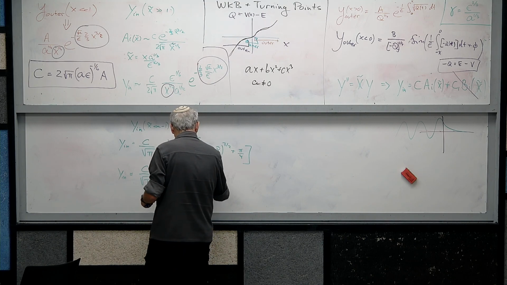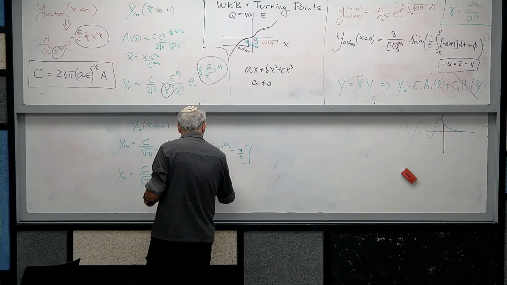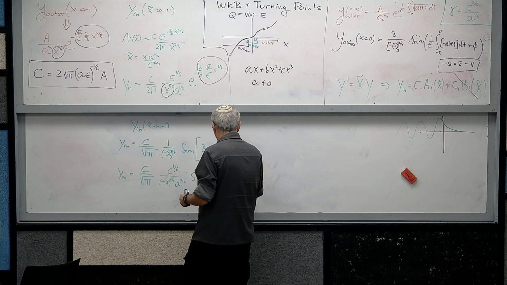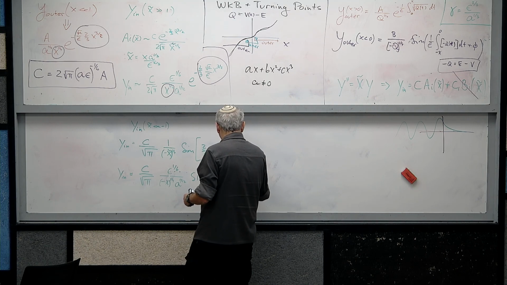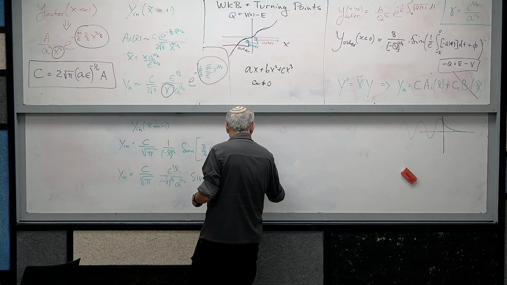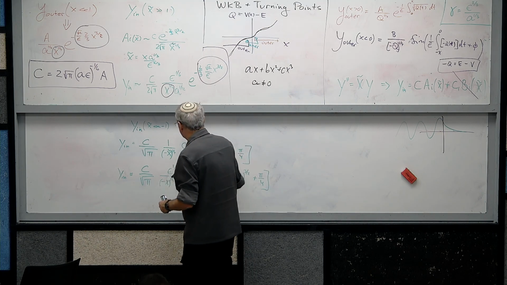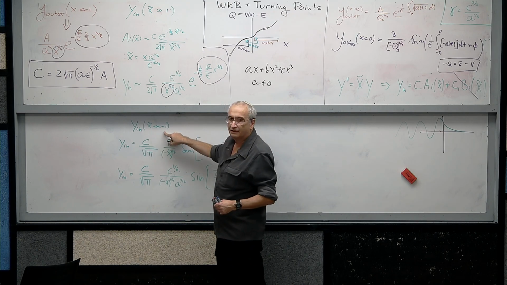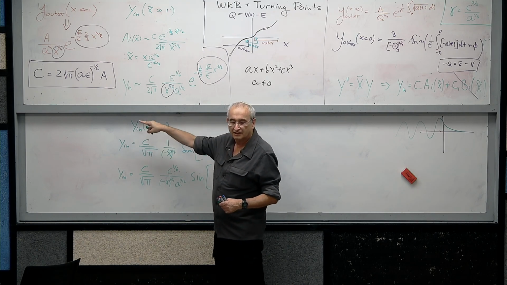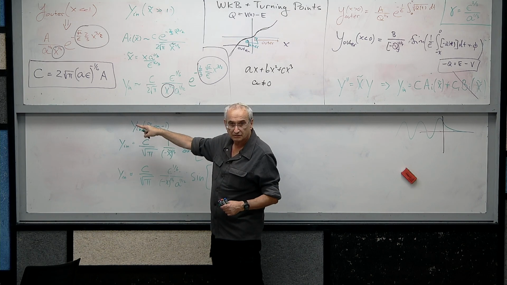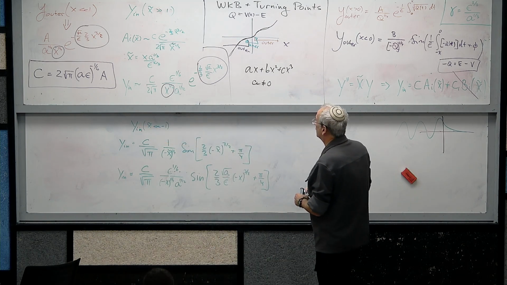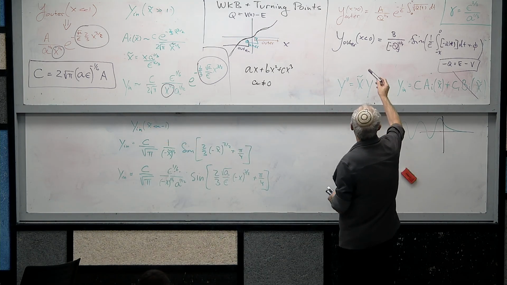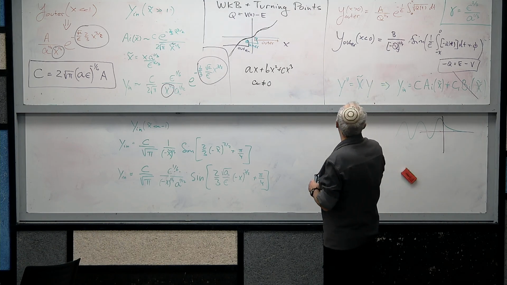Sine of 2/3, and here I have a square root of a over epsilon, minus x to the 3/2 plus pi over 4, right? So this is y in at x tilde going to very large negative value. And this should match to what? To the outer.